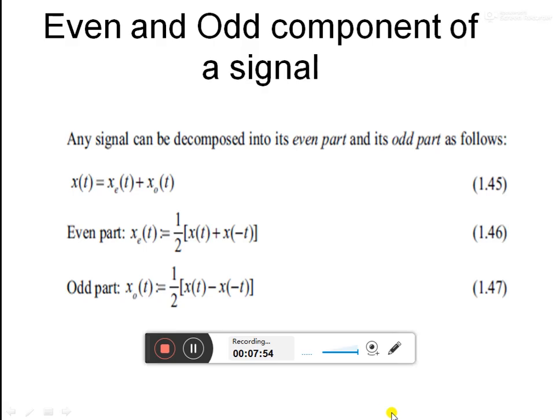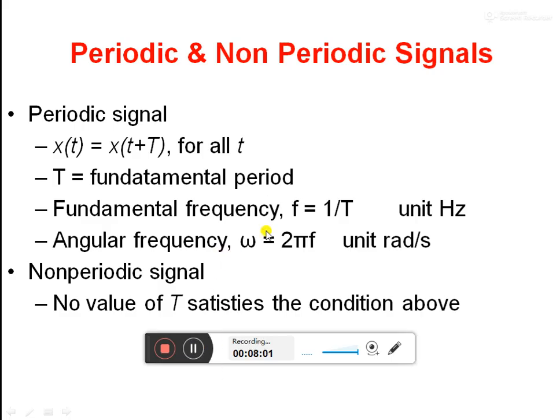Now let's move on to the next category of signals, that is periodic and non-periodic signals. A signal is considered to be periodic if it satisfies the condition x of t equal to x of t plus T for all t, where capital T is the fundamental period, which is equal to 1 by f, or f is equal to 1 by T. So if a signal gets repeated after a particular interval of time, those signals are considered to be periodic.